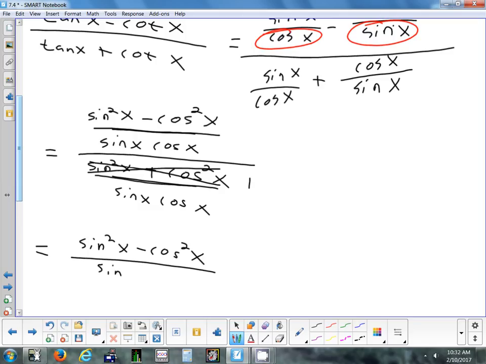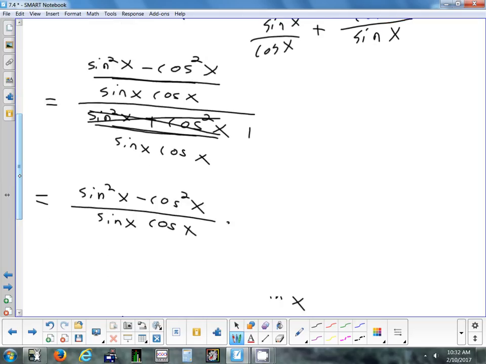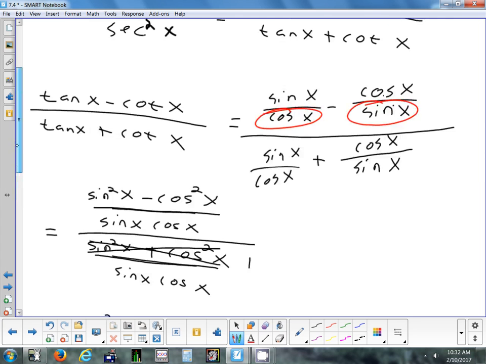Over sine cosine. And instead of dividing by a fraction, I can just multiply by the reciprocal. So I've got sine cosine over 1.